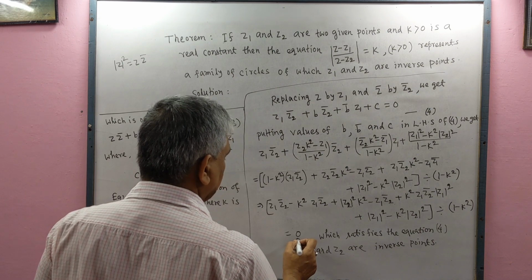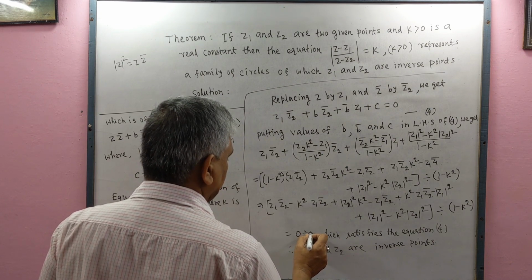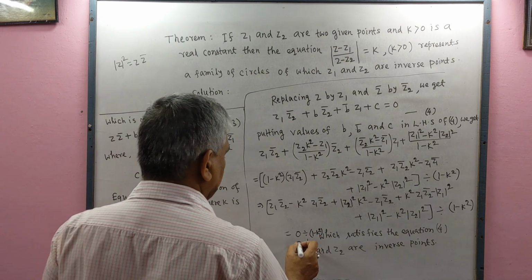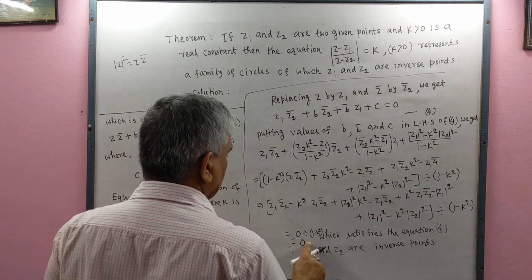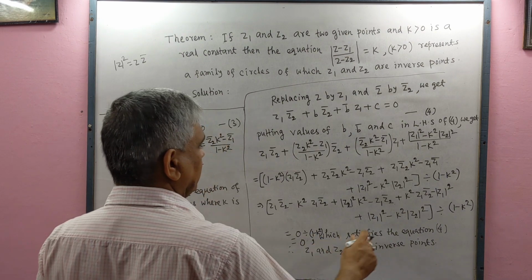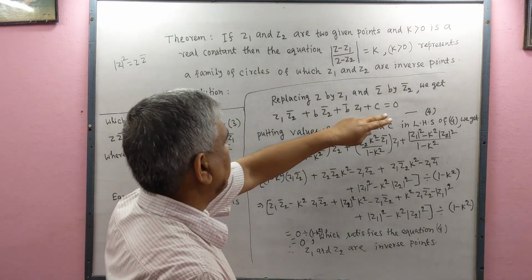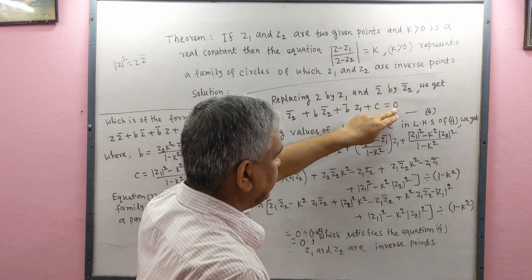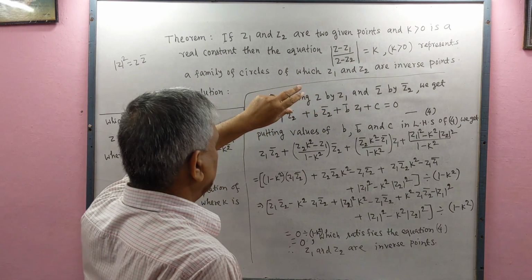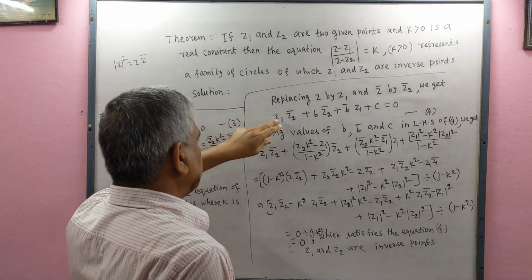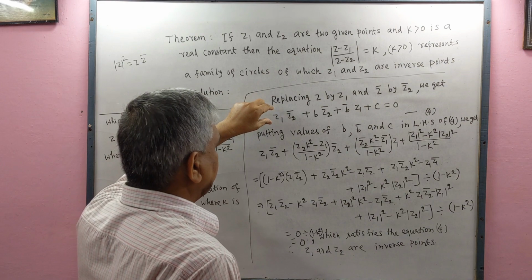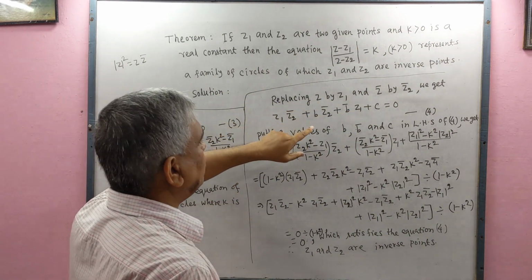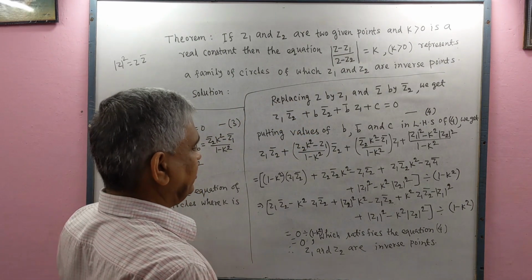So this is 0 divided by 1 minus k square, and this equal to 0, which satisfies the equation 4. Left side is 0, in equation 4 right side is 0. So this equation represents that Z1 and Z2 are inverse points.